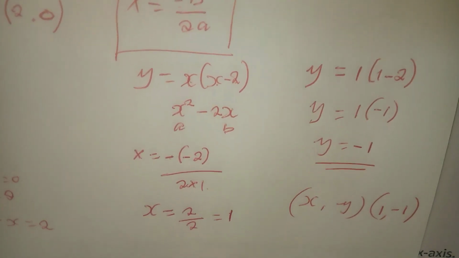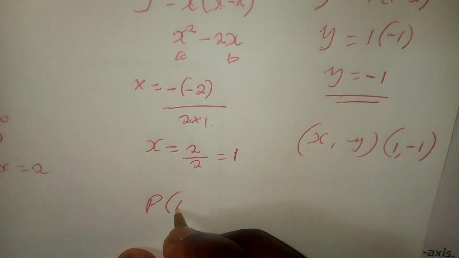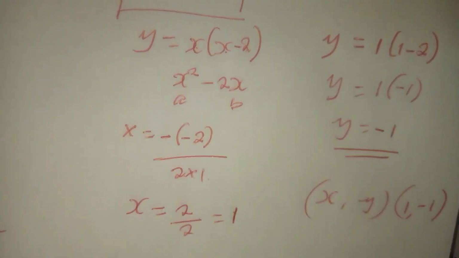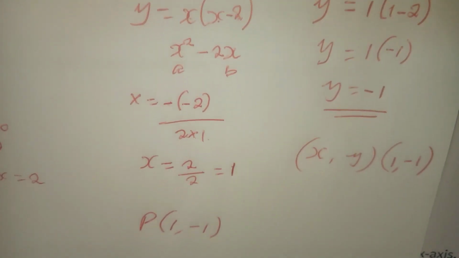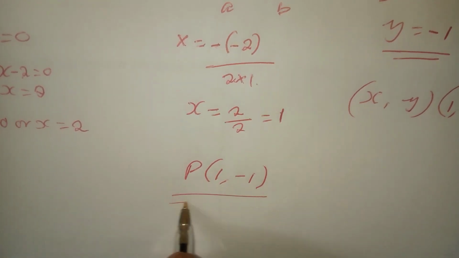Therefore our point P, which is our turning point, will be 1, comma negative 1. Okay, so this is the turning point. This is our turning point.